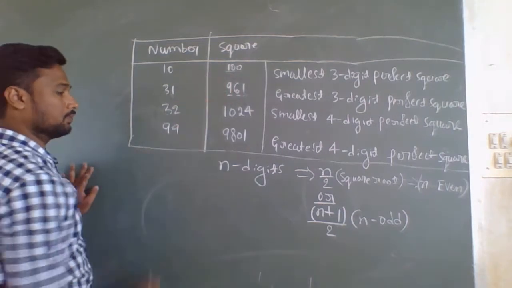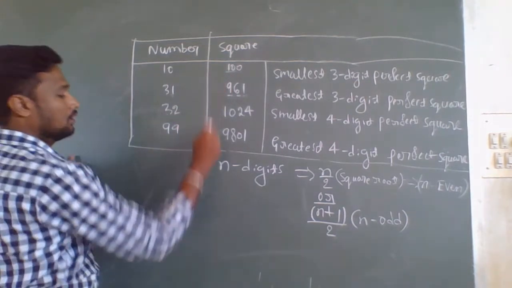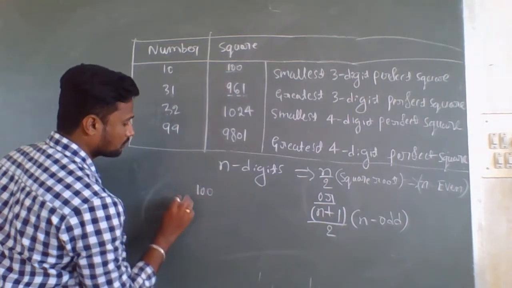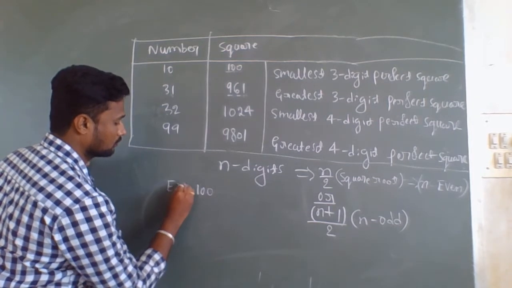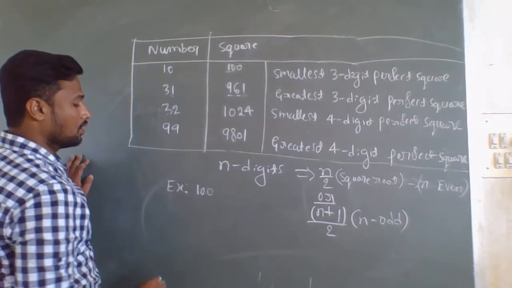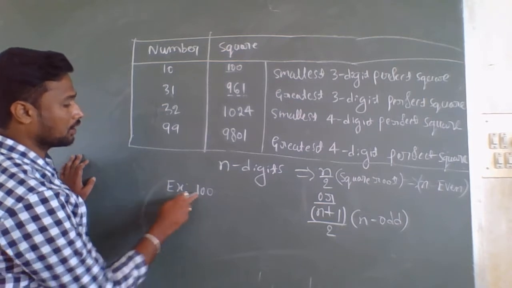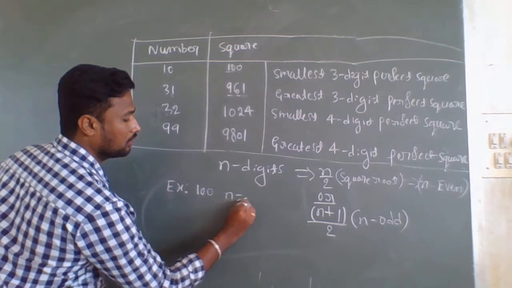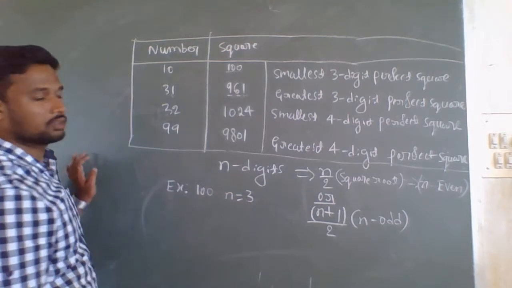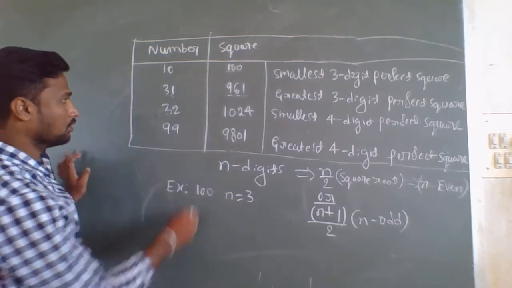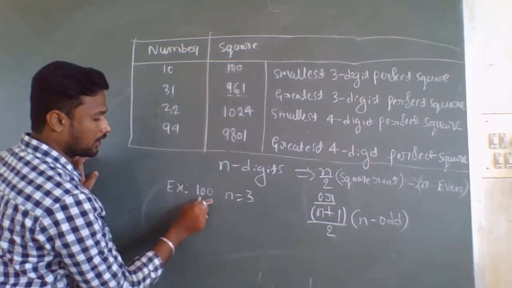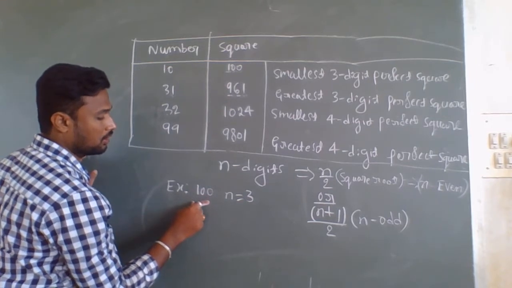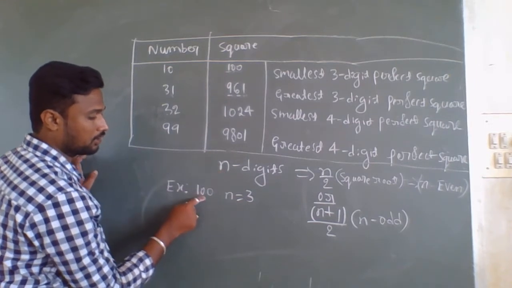Consider this 100. How many digits are there in 100? 1, 2, 3. So what is the n value? n is equal to 3. Here we consider 100, which is a perfect square number. Here n is the number of digits in the square number.